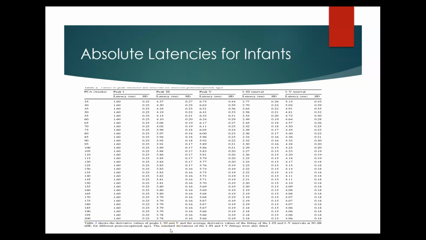The responses of the central auditory nervous system start to become adult-like around age 6. So we do expect that there's a difference, especially for infants and young children compared to adults, which is why we have 2 different sets of norms.